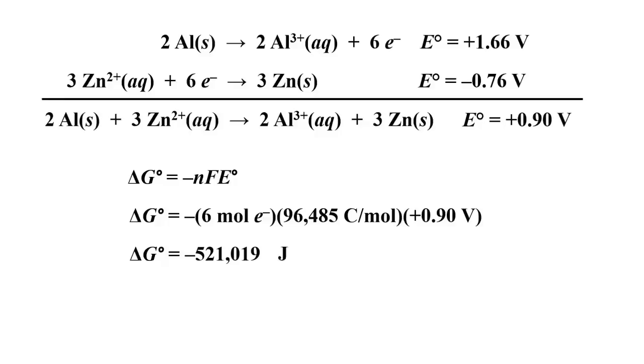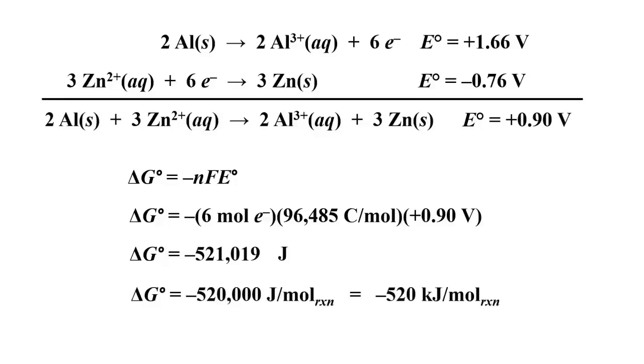I'm also going to round this off to 2 significant figures, because looking at my numbers, 0.90, which is the cell potential, has 2 significant figures. And the number 6 is an exact number, so it has unlimited significant figures. The number 6 is counting the exact number of electrons transferred. So rounding this off to 2 significant figures, I get negative 520,000.